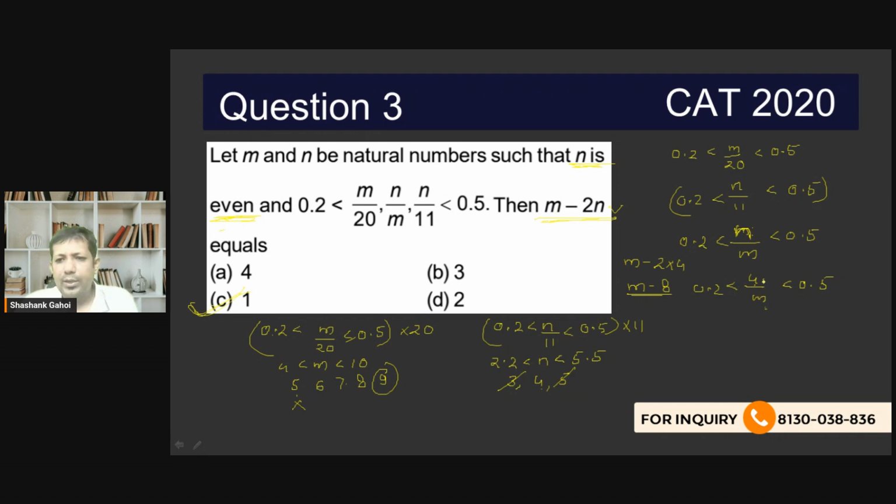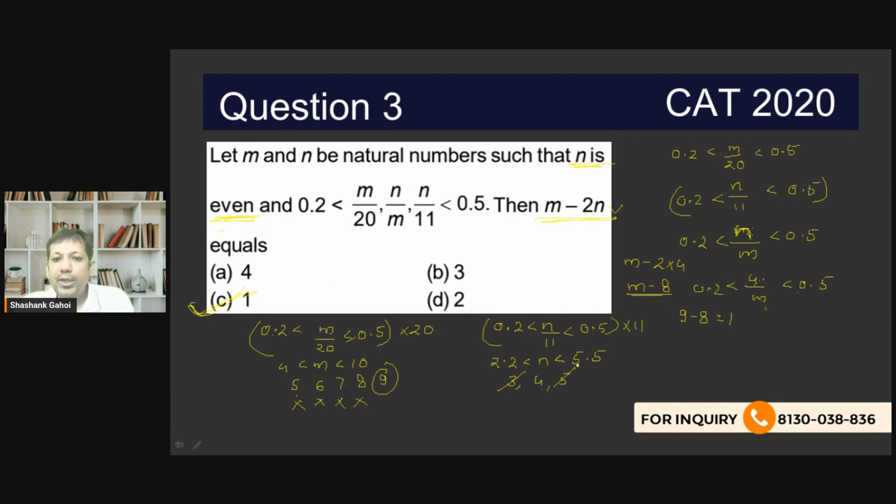That is going to be 2 by 3, or I would say 0.66, not in the range of 0.2 to 0.5. 4 upon 7, definitely greater than 0.5, so rejected. 4 upon 8, equal to 0.5, but the inequality sign is less than, so rejected. 4 upon 9 is 0.444, so that satisfies the value. So how many values of n are we going to get? 1. How many values of m? 1. So 9 minus 8 comes out to be 1. So what is the possible value? That comes out to be 1 only.